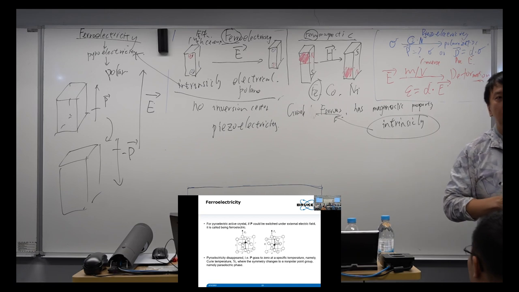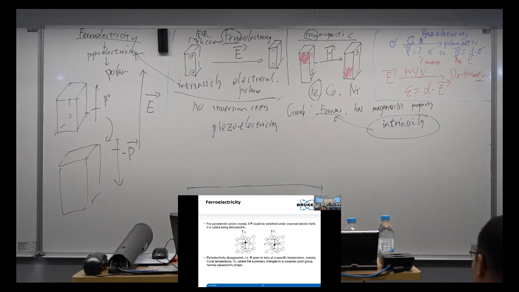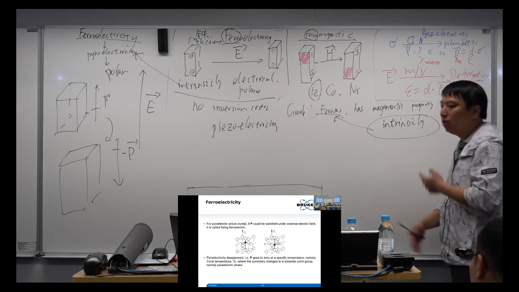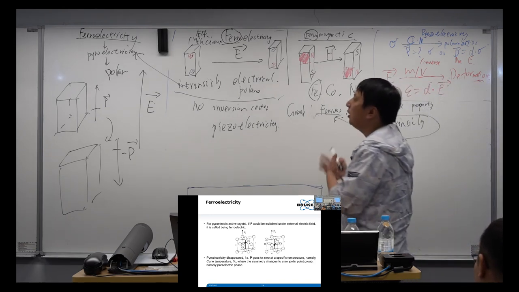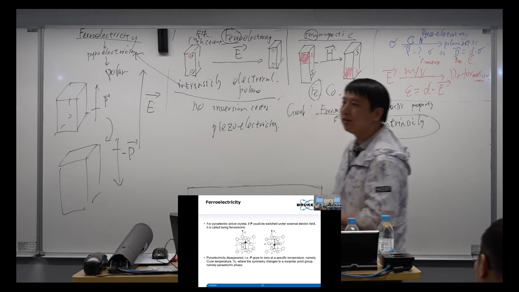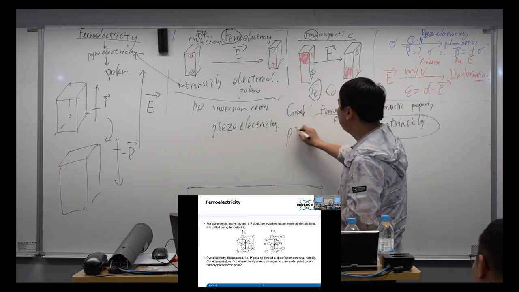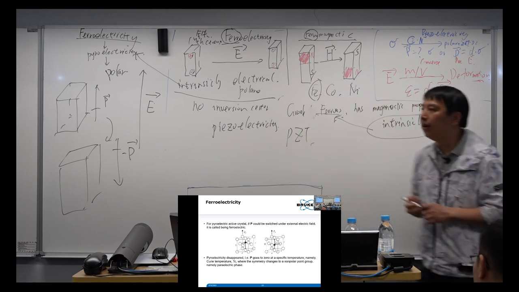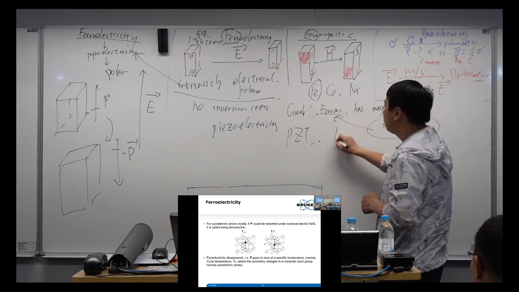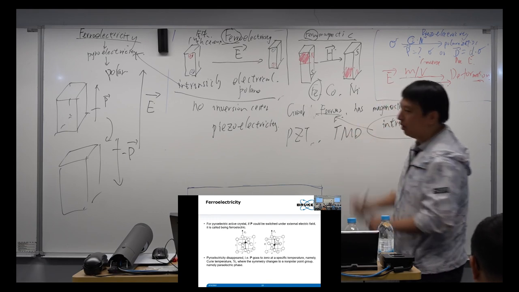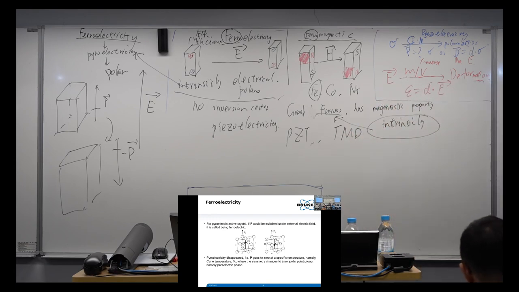So our topic today is we want to study ferroelectricity. We want to study those materials that are ferroelectric active, such as PZT, and some famous two-dimensional materials. That's the hot spot today.